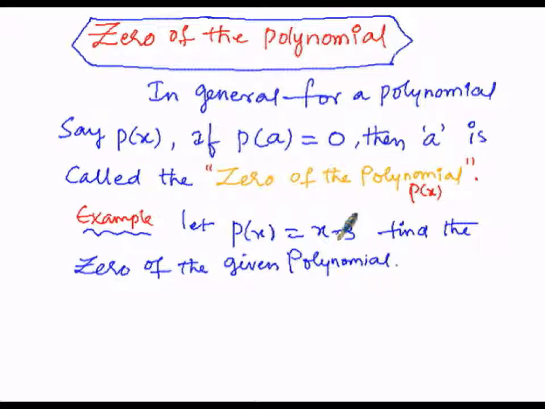Then now to find the 0, we have to substitute. Now the solution starts. In our solution, the given polynomial p of x is x minus 3. So this is the given polynomial.